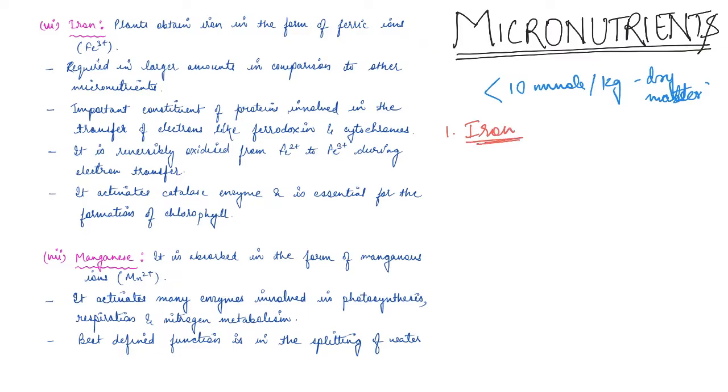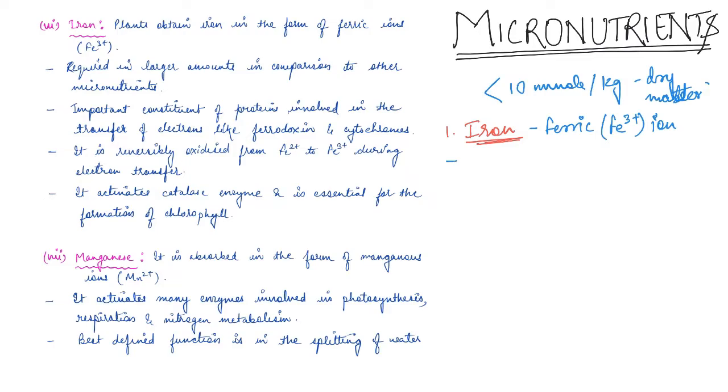So guys, in the case of macronutrients, we saw that all of these macronutrients are present as ions. In a similar way, iron is also present as the ferric ion. And what is the function that it performs? It is required in larger amounts as compared to other micronutrients.